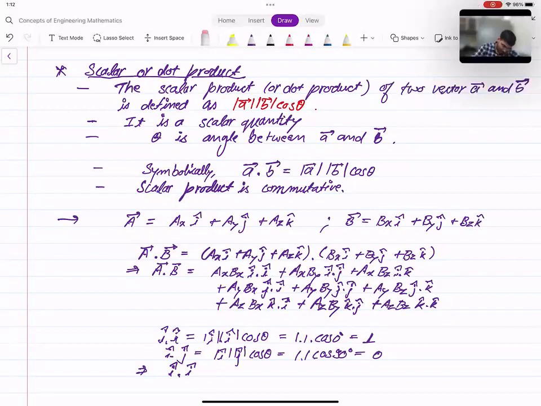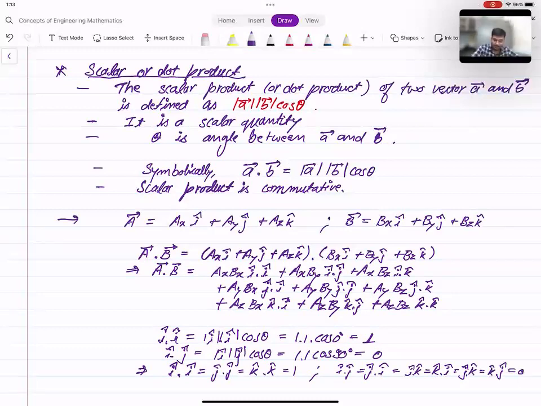Okay, sorry, I dot I will be equal to j dot j, this will be equal to k dot k, this will be equal to 1, and apart from this all others like I dot j will be equal to j dot I, and again this will be similar like I dot k or k dot I, or say j dot k or k dot j. All these will be 0, because these vectors are perpendicular to each other.